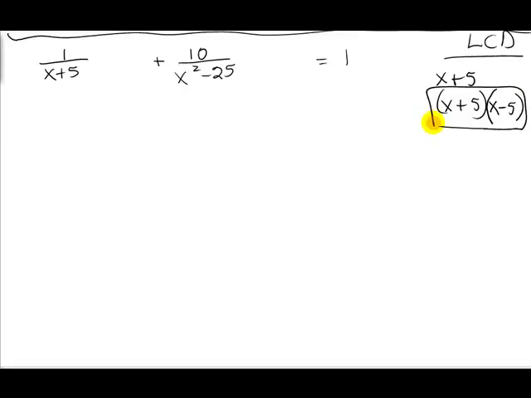And so we want to come over the other side, and we're going to multiply all of the terms by the LCD. So I'm going to multiply here x plus 5, x minus 5. Same thing here, and same thing here. Okay.